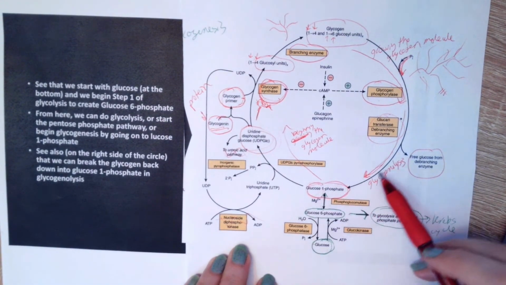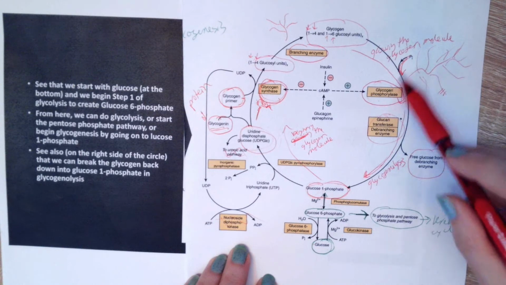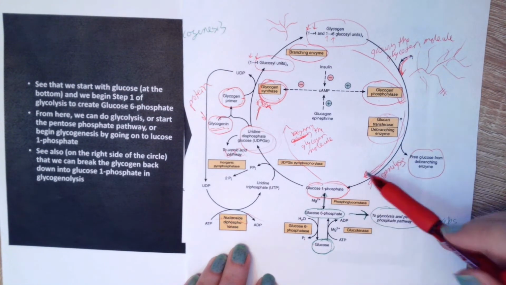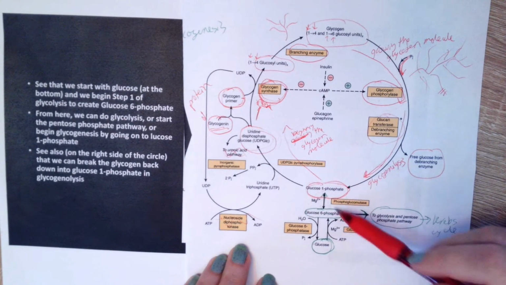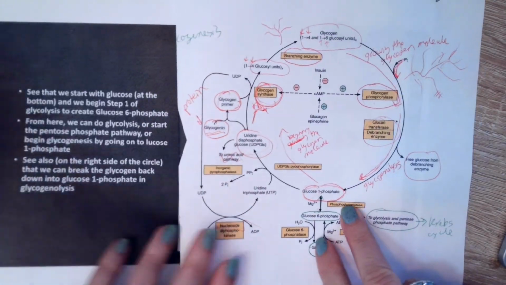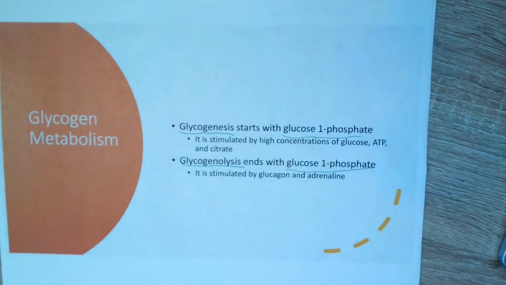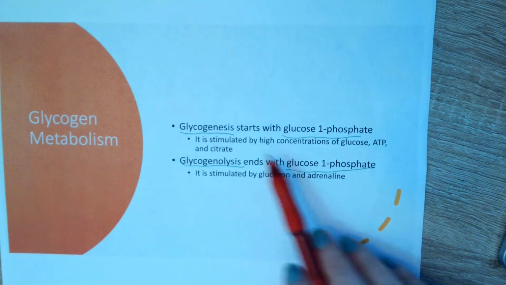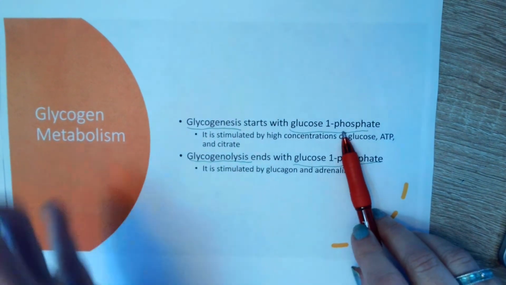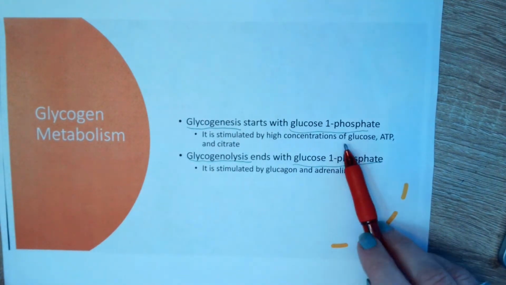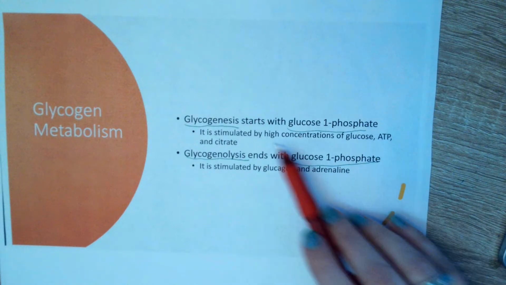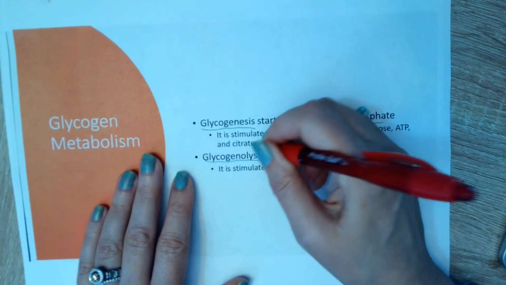We can then take our glycogen that we took all this time making, and we can bring it back down again, go back to our original choice and end up going a different way instead. Okay. So, glycogenesis, starting with glucose 1-phosphate, we saw that on our chart. When we have lots of glucose, so hyperglycemia, lots of ATP, lots of citrate, also insulin.